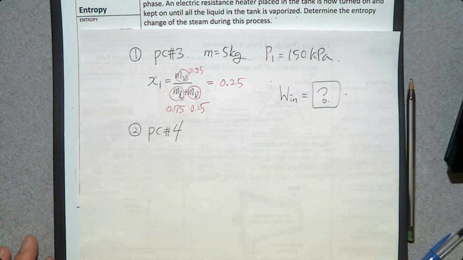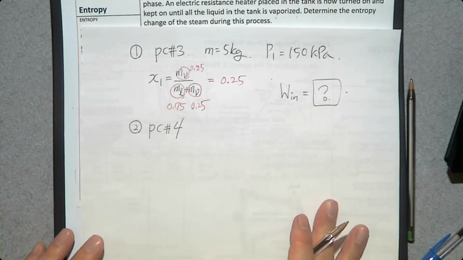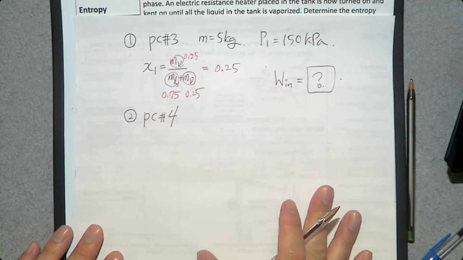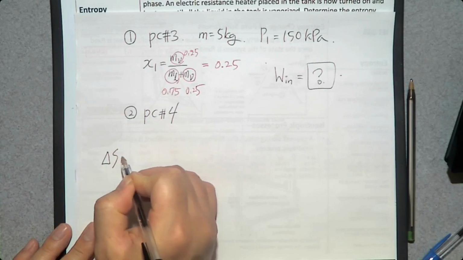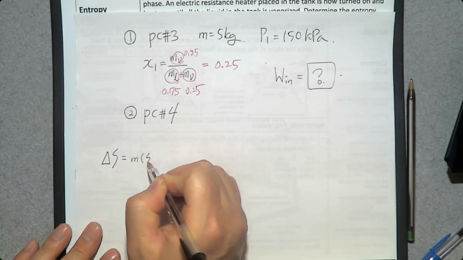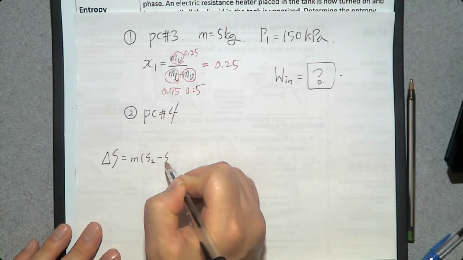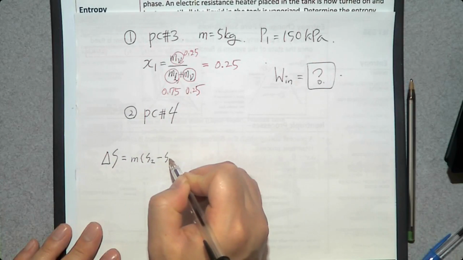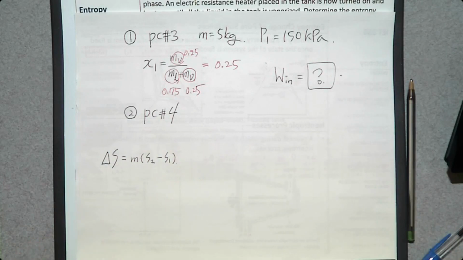What we want to determine is the entropy change of the steam during this process. How can we determine the entropy change? We can calculate it as mass times the specific entropy at the end of the process minus the specific entropy at the initial state. That's how we can determine the change of the total entropy.